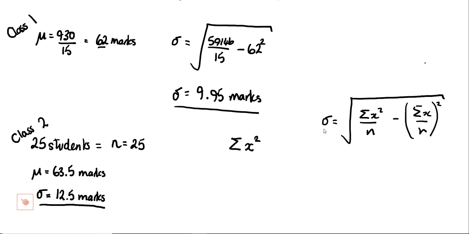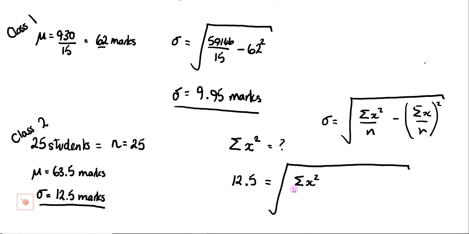So actually, filling the information in here, what do I know? I know that the standard deviation is 12.5, which equals the square root of the sum of x squared, which is what I want to know, divided by 25, minus 63.5 squared.